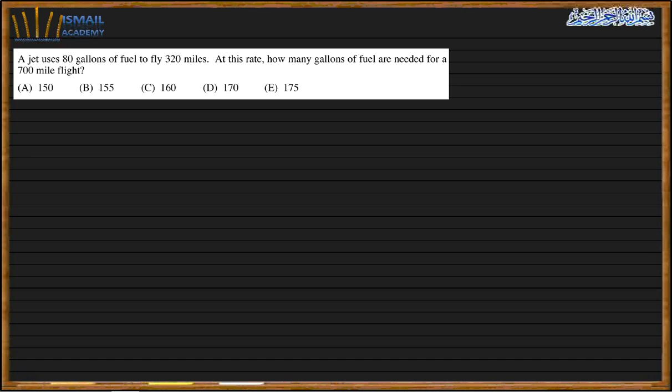Next question. A jet uses 80 gallons of fuel to fly 320 miles. So 80 gallons for 320 miles. At this rate, how many gallons of fuel are needed for a 700-mile flight?